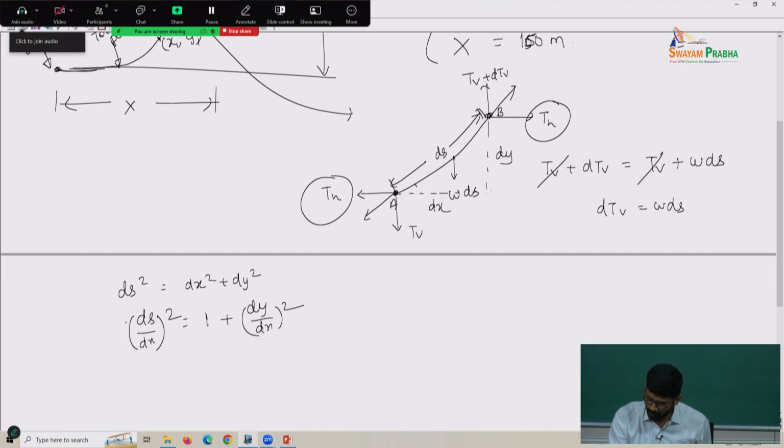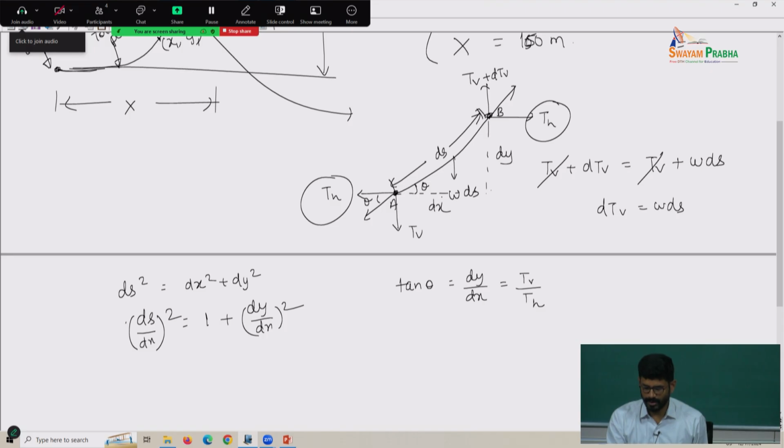Okay, so at this particular point you have some theta, correct? This theta is equivalent to this theta also, correct sir? Now we can write tan theta equal to dy by dx, which is also equivalent to Tv by Th. Correct or not?